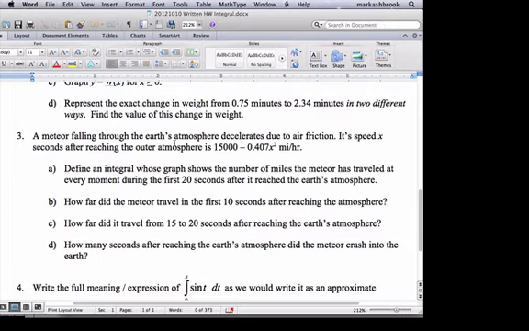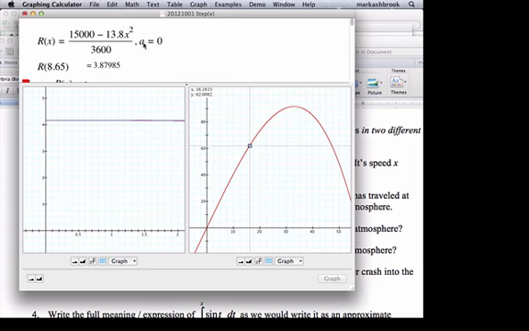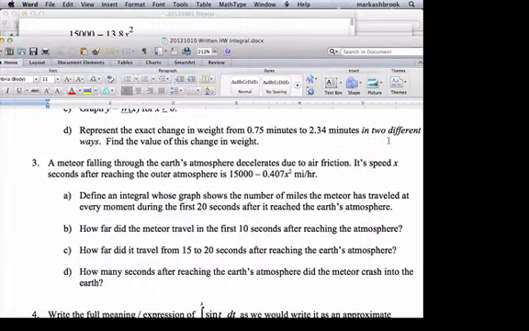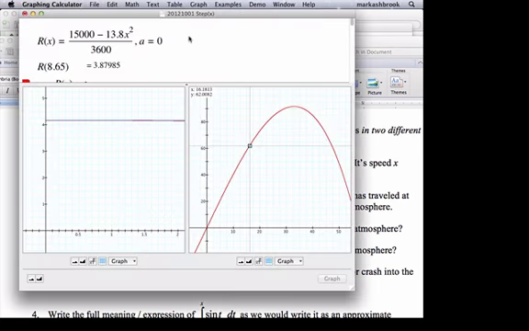Doesn't make sense. All right, well, anyway. I'll have to figure this out later.